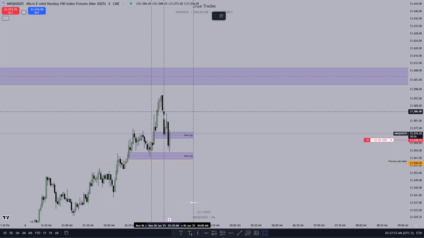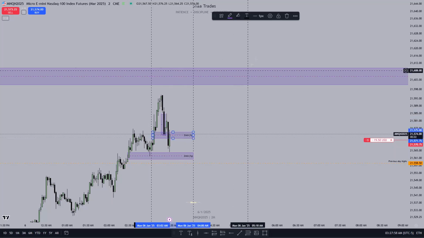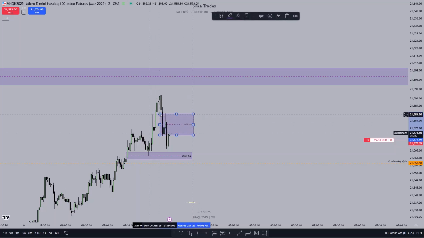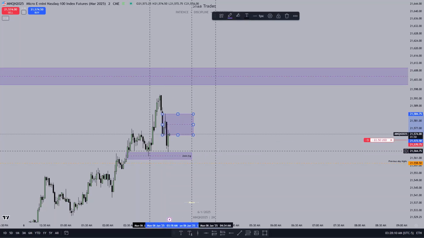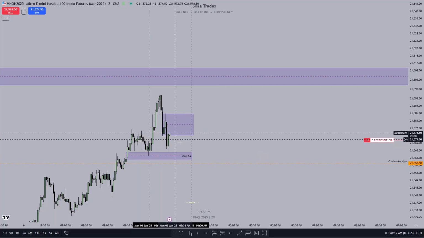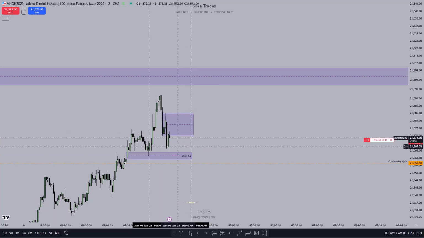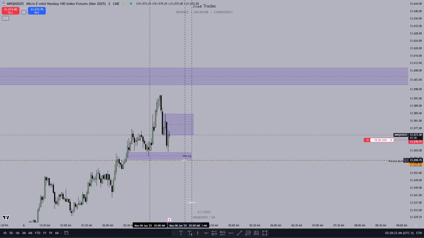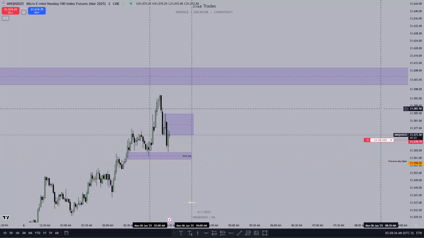I'm drawing it almost like a zone, but I want to see price respect this here. I don't want to see price go above here. So my stop loss, I'm gonna put my stop loss here.